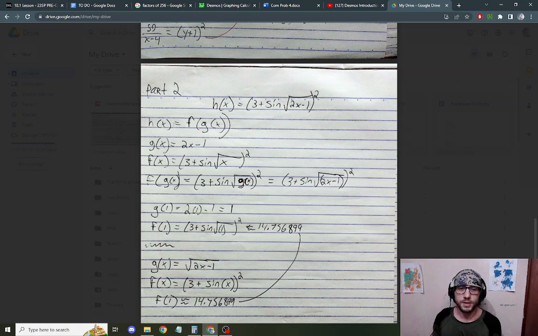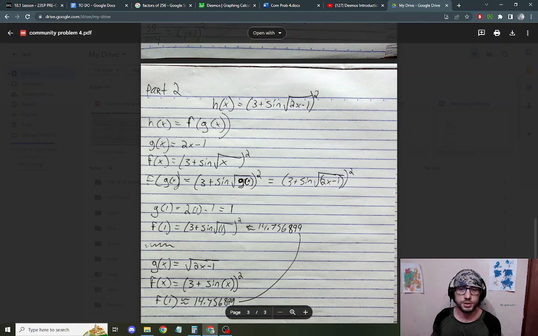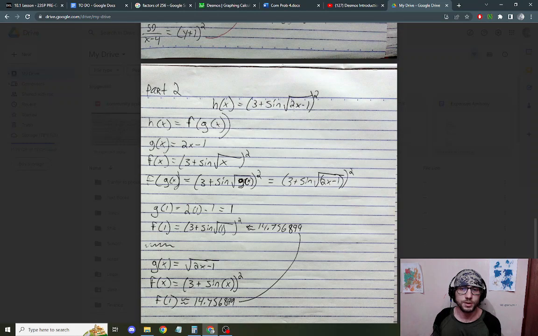So h of x is equal to f of g of x. Okay. So for g of x, I selected this little portion here, 2x minus 1. I said, hey, let's find this first. Okay.